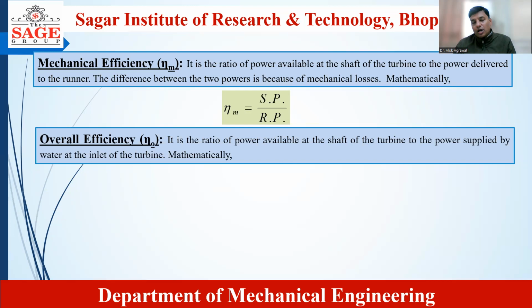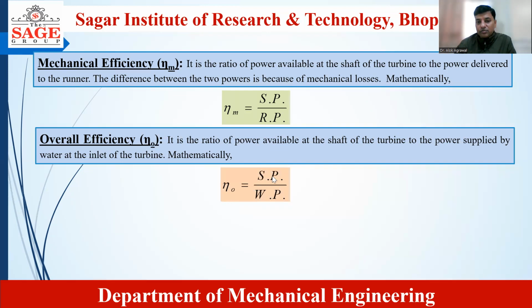And from that runner power, the power that is transmitted to the shaft is called shaft power. So hydraulic efficiency is the ratio of runner power by water power, and mechanical efficiency is the ratio of shaft power by runner power. So overall efficiency is final output upon initial input. So that is the ratio of shaft power to the water power.